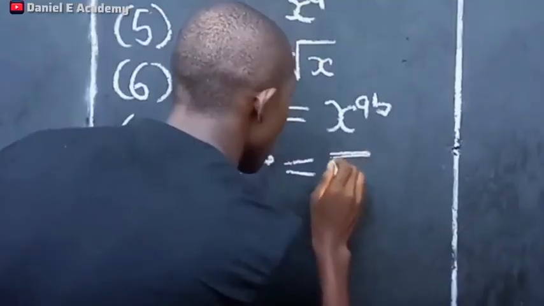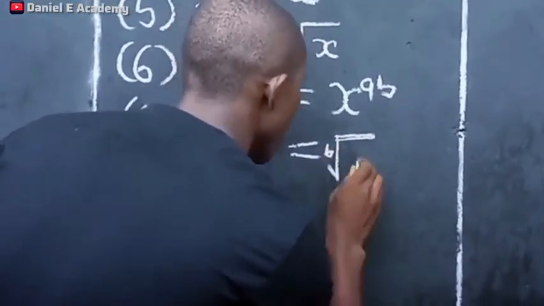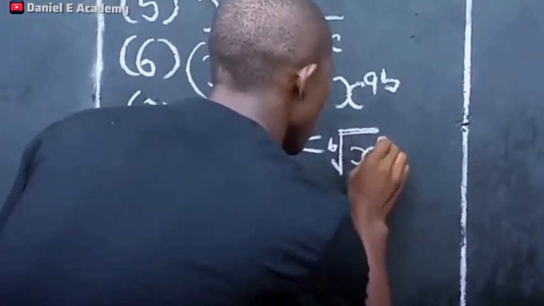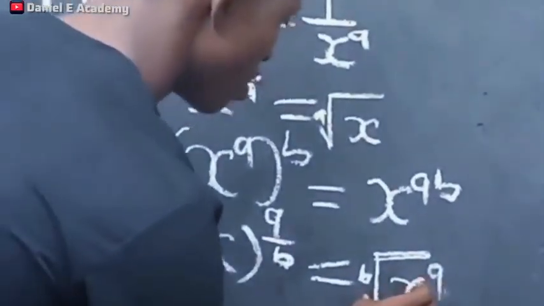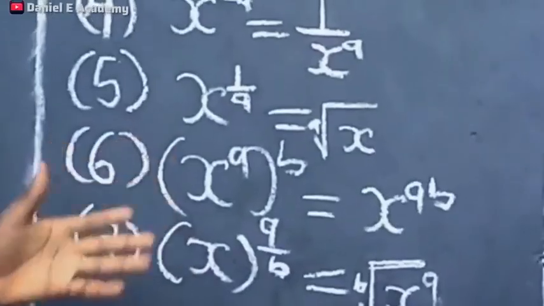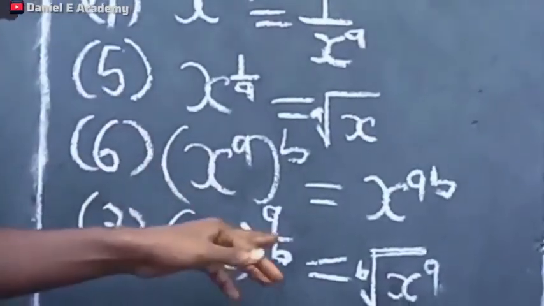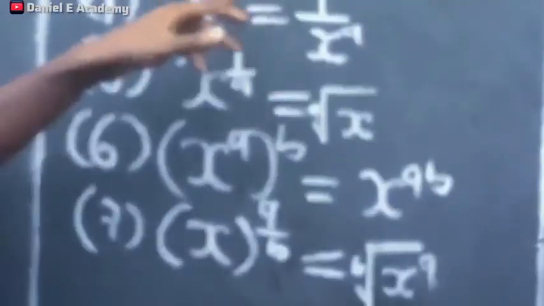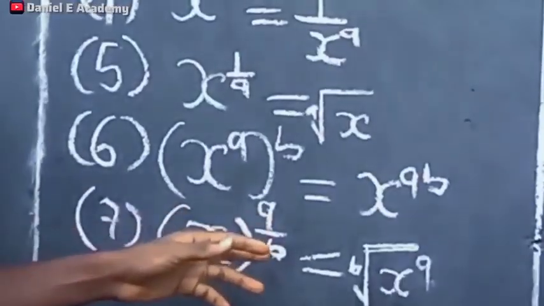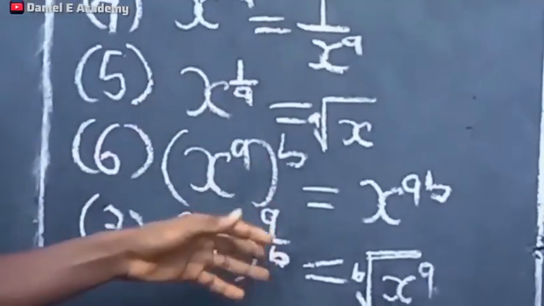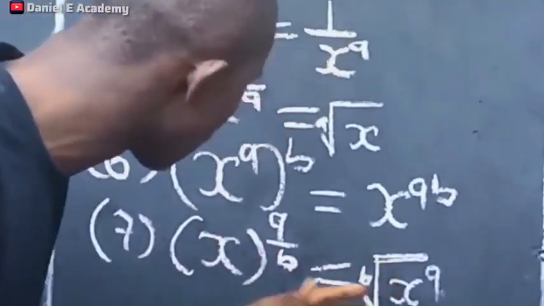This law is kind of confusing, but it's trying to tell us, as we said earlier, the root of whatever b is.